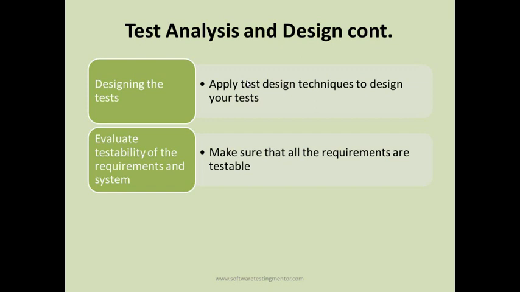It gives a clear idea of how many users will be logged on to an e-commerce website and what the response time and performance should be, rather than the initial requirement which just says the system should respond fast. That's what testability is. You need to make sure that all requirements are testable. If there is any ambiguity in a requirement, you need to clarify it so that you can write test cases for that requirement and test it using real test data.